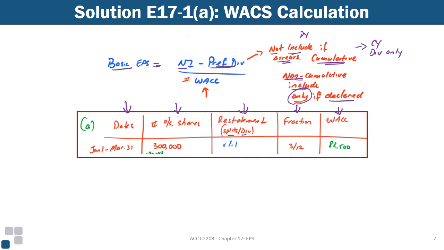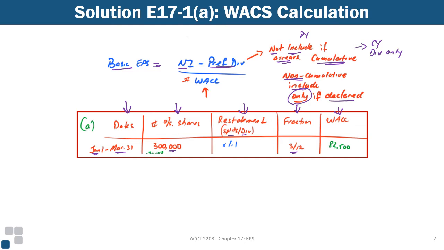So we had at the beginning of the year 300,000 shares, and those shares were in existence from January 1st until March 31st, because it was on April 1st that we had our next event. So for that period of time, 300,000 shares outstanding, for a fraction of 3 over 12.